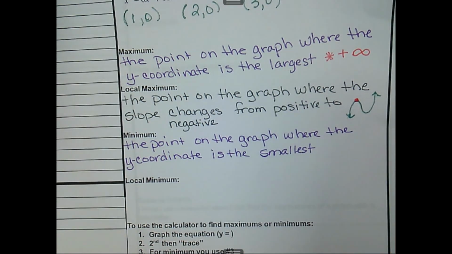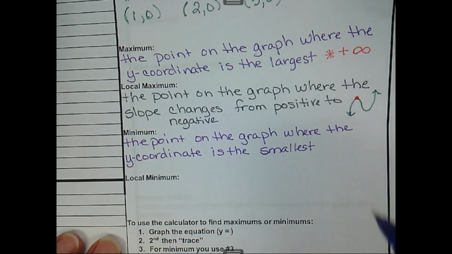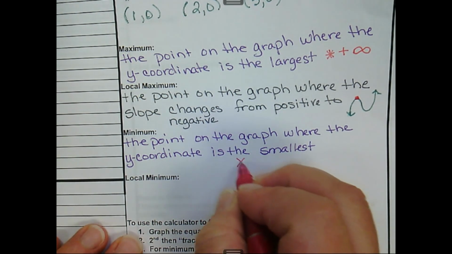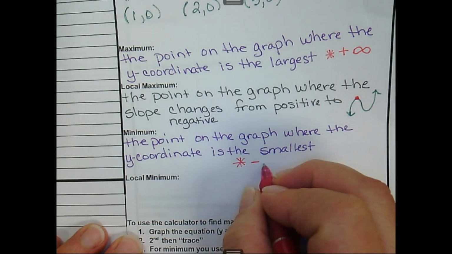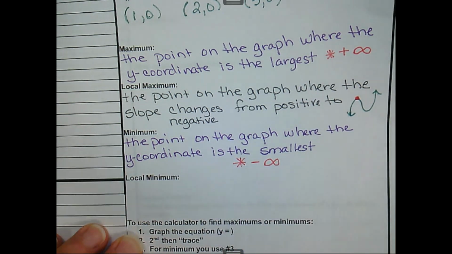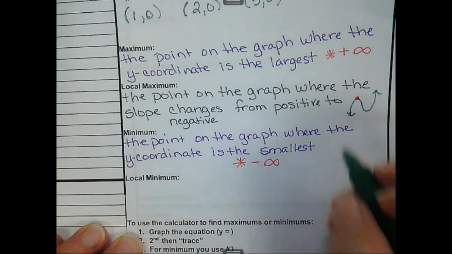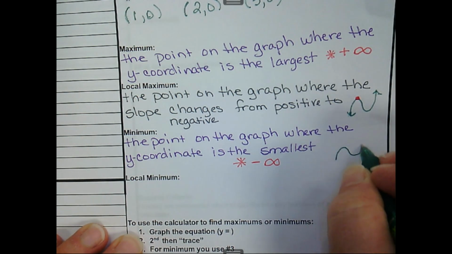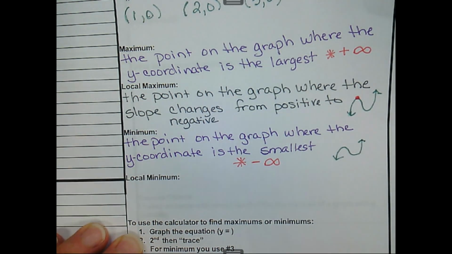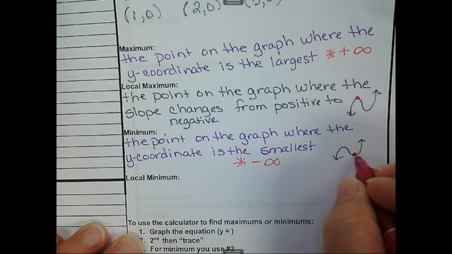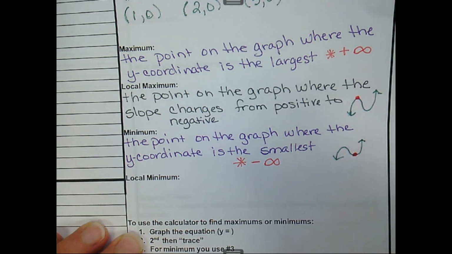Okay, now, just like this could go to positive infinity, it can also go to negative infinity. Doesn't necessarily mean it is, but it could be. And if we're looking at the graph again, we'll look at that same graph again. This time, this is a local minimum.